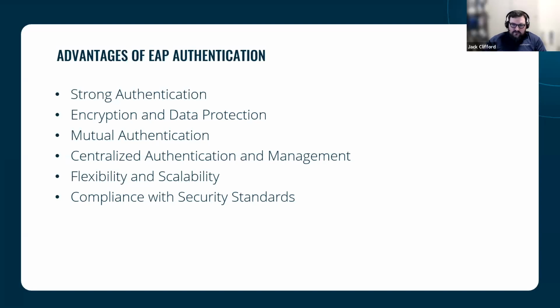The advantage of using TLS would be that there's less input from the user because the certificate's on the machine and the machine handles the authentication via the certificate without input from the user. But if there is no certificate based, then you can default over to PEAP and utilize the username and password that was used to log into the machine, for example, via AD.